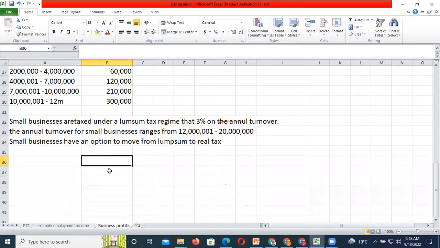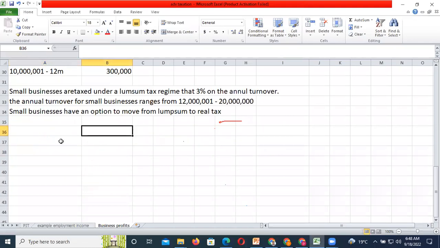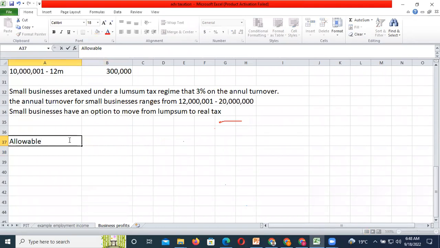Now we are coming to an important aspect, which is allowable, or sometimes we say deductible, and non-allowable or non-deductible expenses.